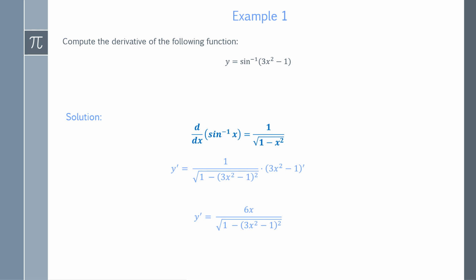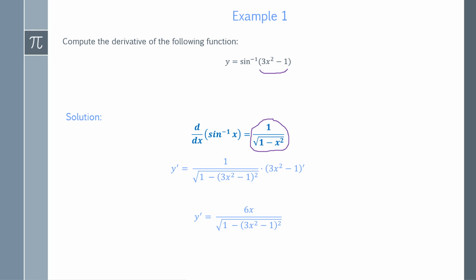So the derivative of arc sine of x is 1 over the square root of this difference, 1 minus x squared. Now in this case, my function has an argument of 3x squared minus 1, so you would plug in that expression everywhere we see x in the formula.